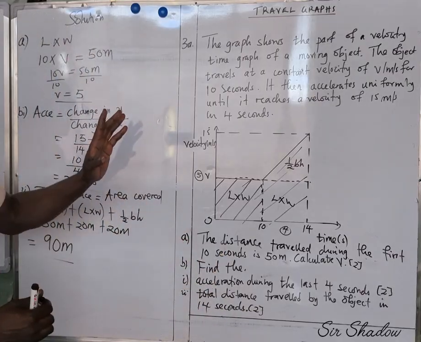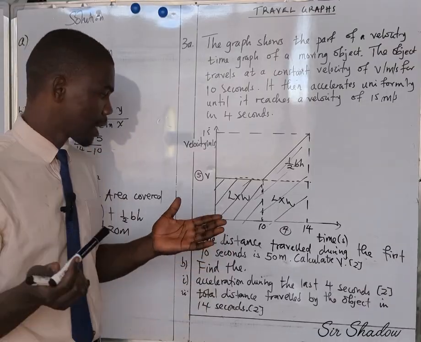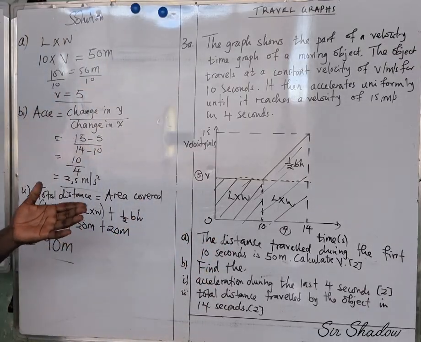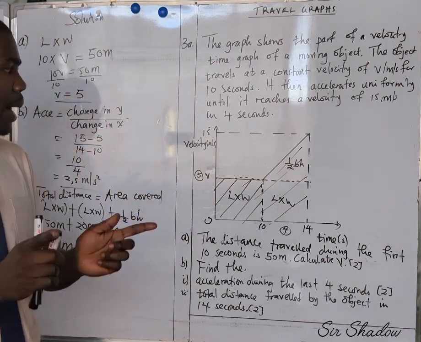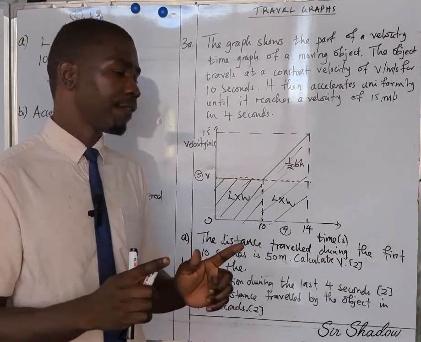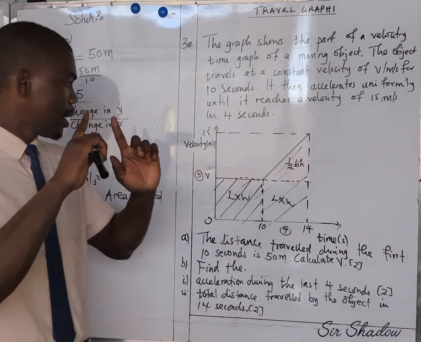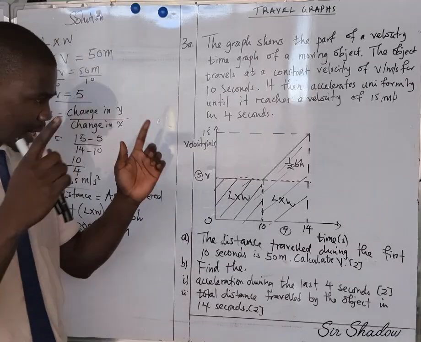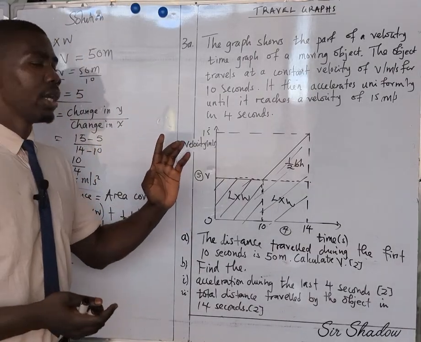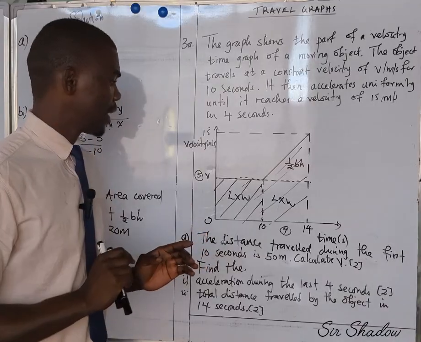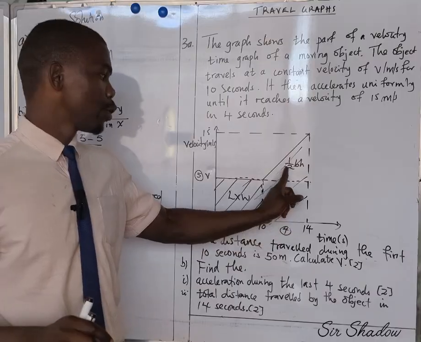So when dealing with travel graphs, basically what you have to know is that anything to do with the distance traveled, think about the area covered by that object. Think about the formulas for the given shapes. Is it a rectangle? Is it a square? Is it a triangle? Is it a trapezium? Any shape, be familiar. If you don't know how to apply a formula for a trapezium, you have to divide like what I did here to form two shapes.